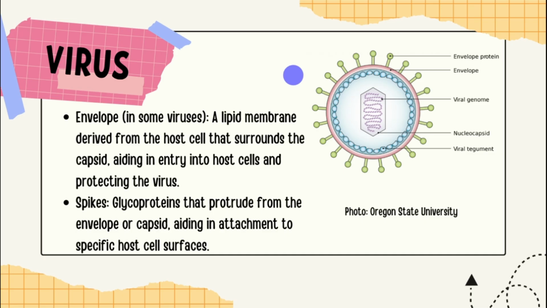So it's a fluid mosaic double membrane layer, right? Most membranes are made up of lipids that have a hydrophilic head and a hydrophobic tail. Then our spikes, you can basically see the spikes around it, and it helps the virus to attach to host cell surfaces.